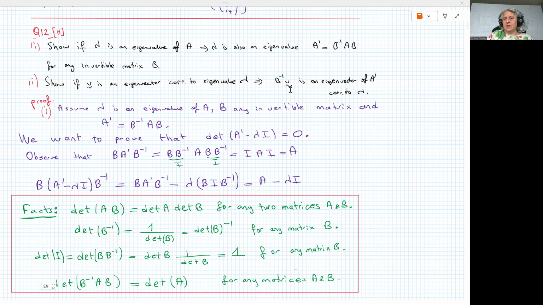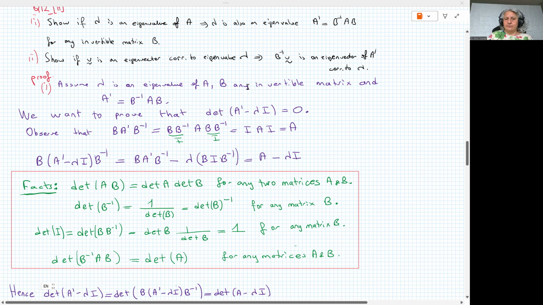If V is a vector in Rn and you multiply by an n by n matrix, you will obtain again a vector in Rn. So this is a perfectly logical implication.